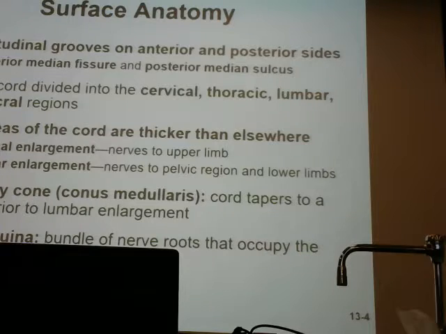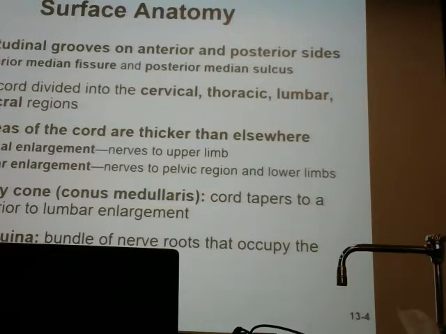We divide it into regions. The regions that it's divided into: cervical, thoracic, lumbar, sacral, coccygeal.